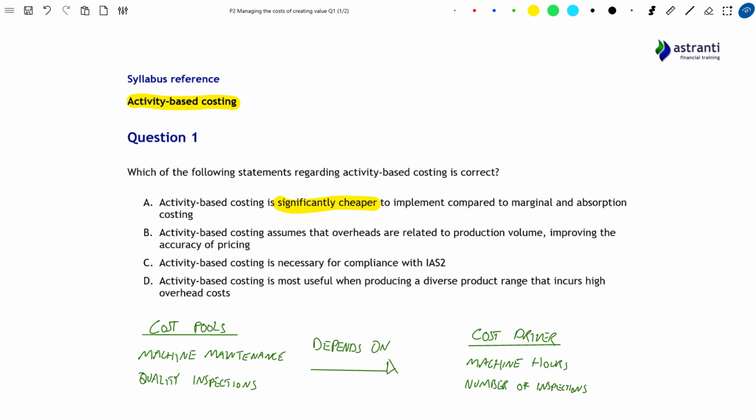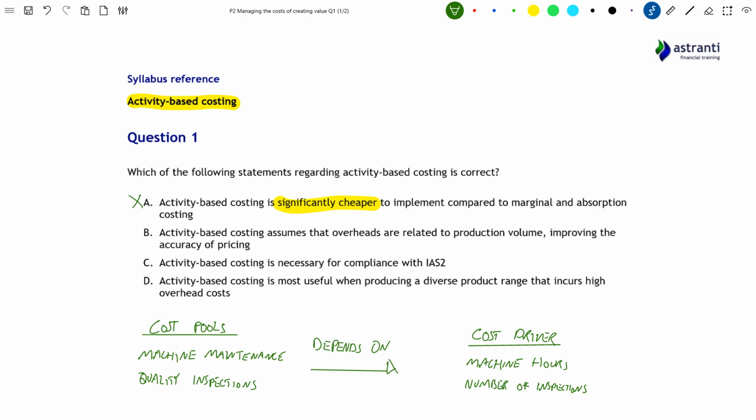This can be a complex and time-consuming process, particularly if we're involved in lots of different complicated activities. It will take a long time to implement. Because of this, it is incorrect to say that activity-based costing is significantly cheaper. In fact, if anything, it will likely be more expensive to implement and set up. Therefore, option A is not correct.